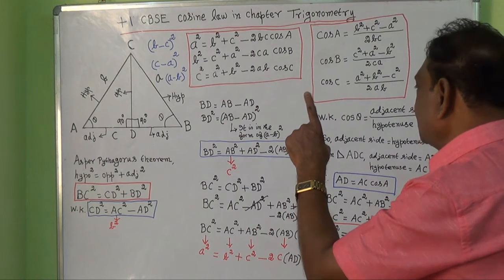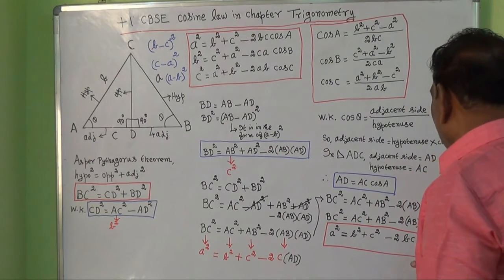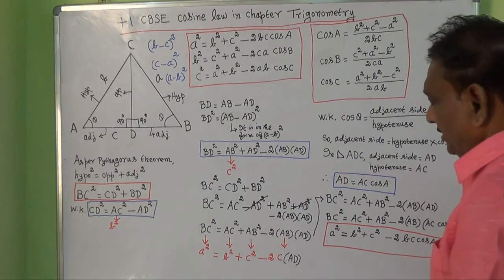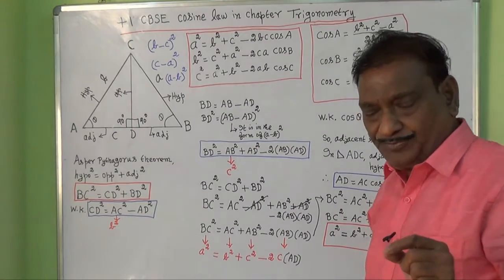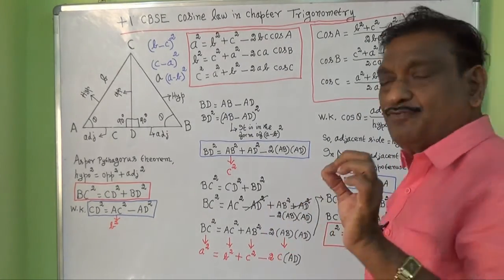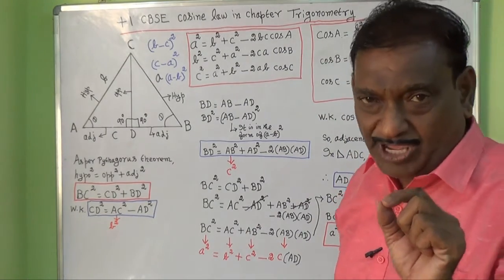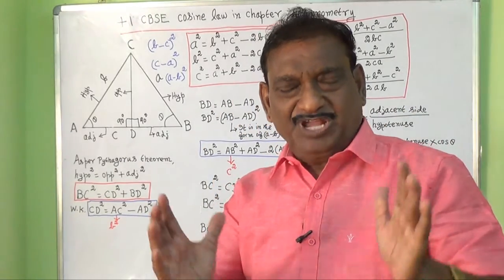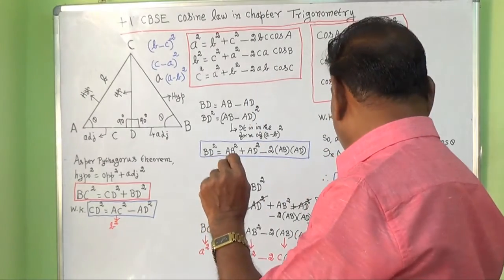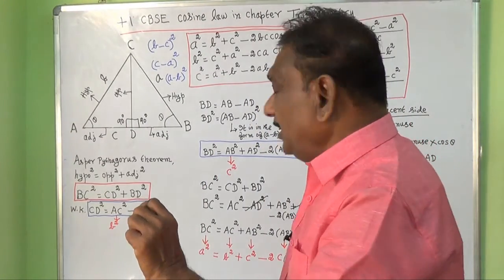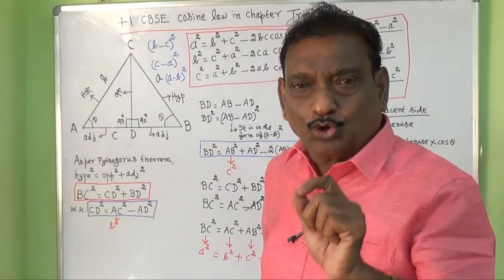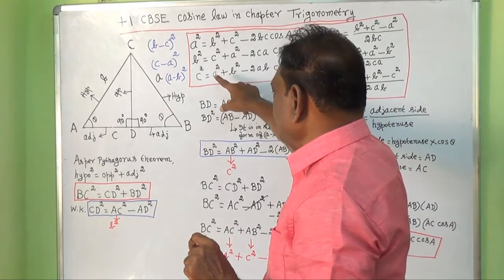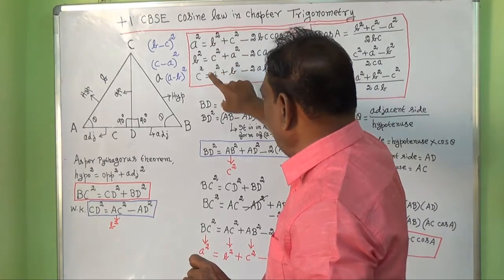The AC represents the side b, so that we are writing b in the place of AC, then cos A. So therefore we have derived the formula for a square, that is a square equal to b square plus c square minus 2bc cos A. In this way, we can also determine the other two cosine laws, that is for b square and c square.